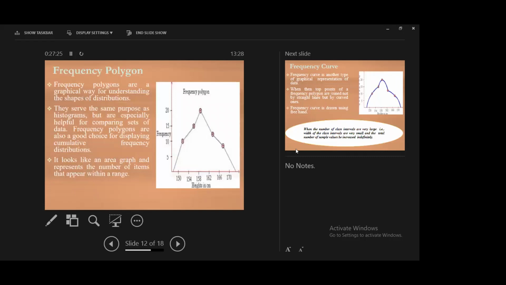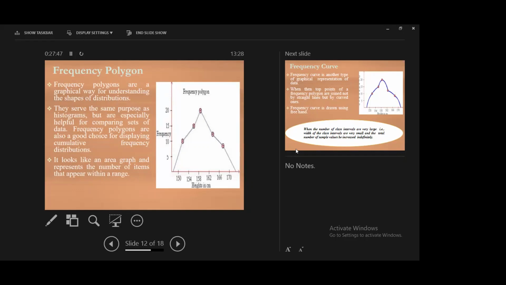After the histogram, there is one more graph which is called the frequency polygon. This is just like any other graph which you make. The difference between a histogram and a frequency polygon is that in the histogram we have class intervals and we mark on the class intervals.